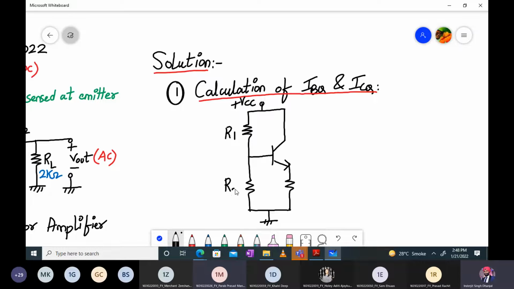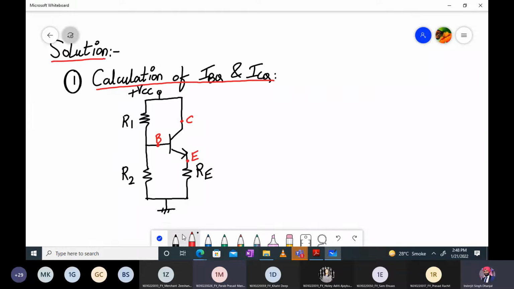R1, R2 and RE. Okay, this is your base, collector and emitter. Now how will you proceed forward? Will you use the same technique? VTH is equal to R2 upon R1 plus R2 into VCC. RTH is R1 parallel to R2. Yes or no? Because normally what you do, you apply Thevenin's equivalent.